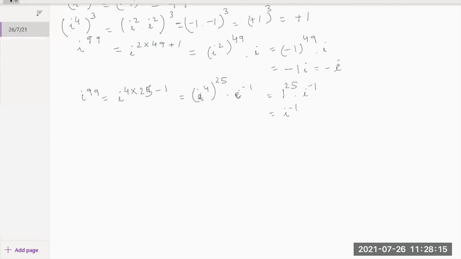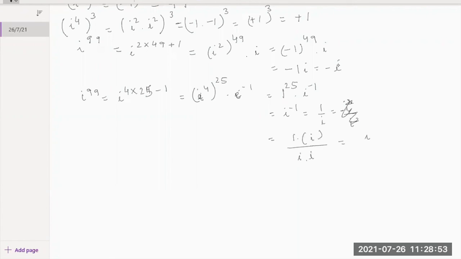Now this can be written as 1 upon i. Again, I cannot leave my answer like this. This is not the standard form. So I can write it by multiplying by the conjugate, that is 1 times i upon i into i.